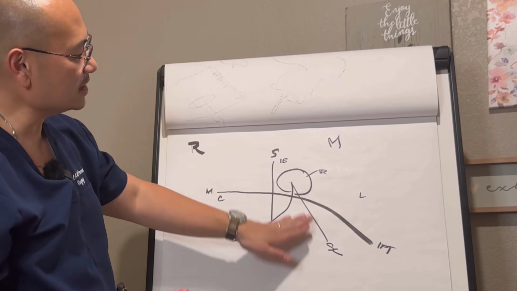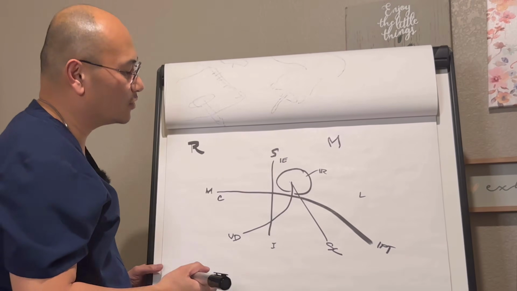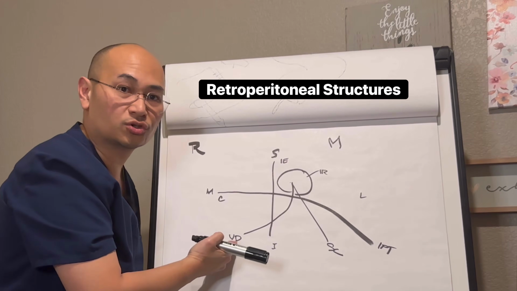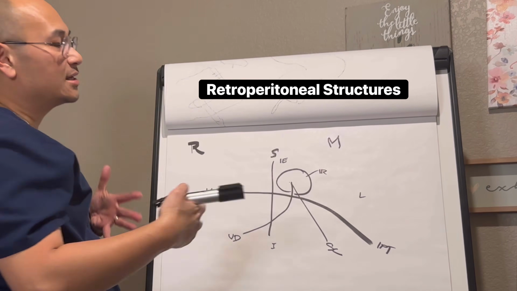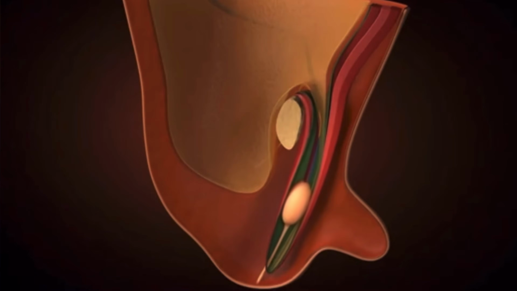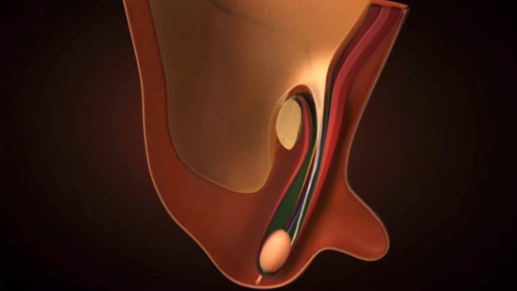And so now this forms a triangle. And if you look at this, these are two retroperitoneal structures. For guys, when we're born, remember, our testicles descend from the abdomen because it gets too hot, and then it goes out into the internal ring, to the external ring, and into the scrotum.